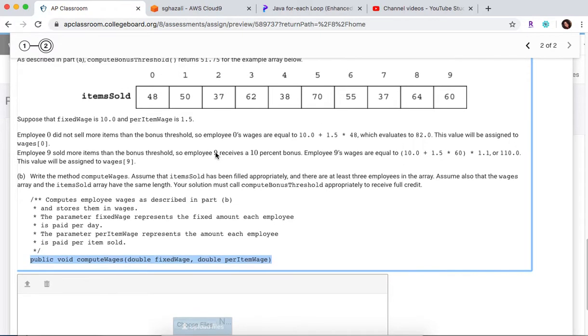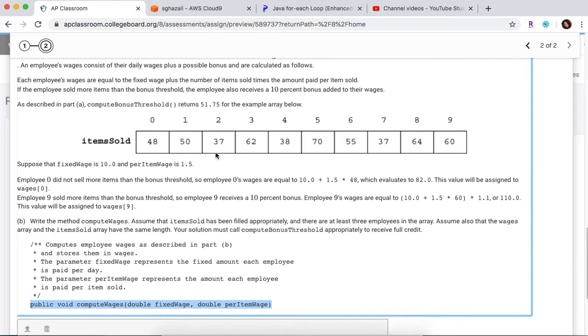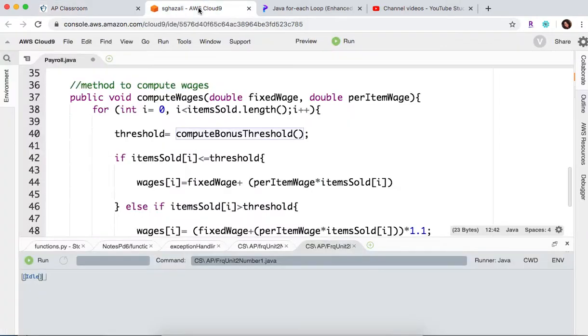Okay, so what I did to understand this method is I just kind of used their example. Okay, so it says suppose that fixed wage is 10 and per item wage is 1.5. So these are numbers that will be passed on to our method right here.